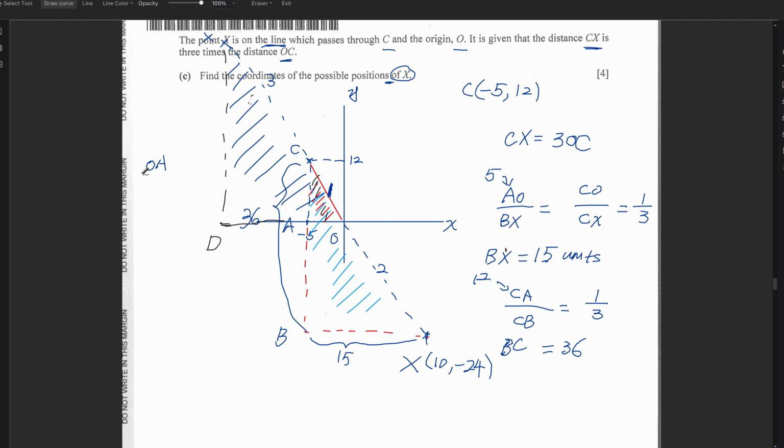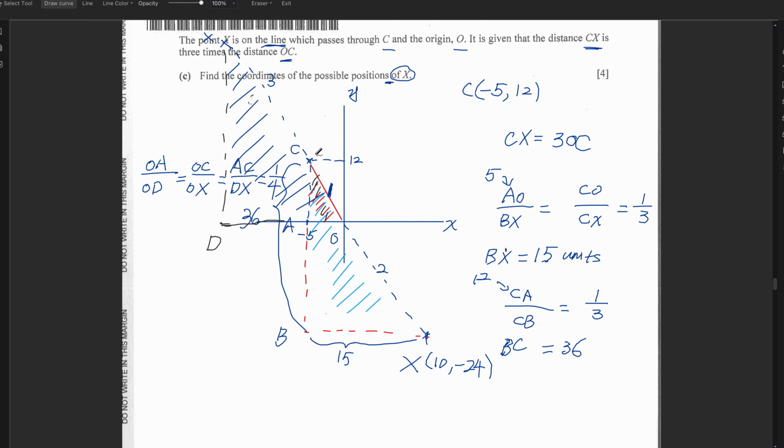Therefore, OA over OD equals OC over OX equals AC over DX, which equals 1 over 4.